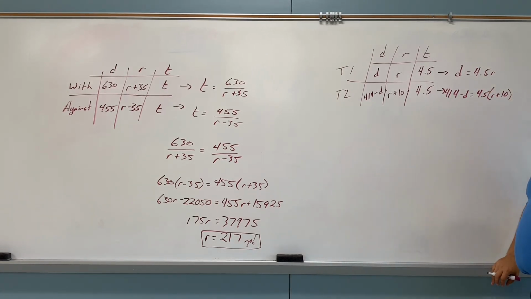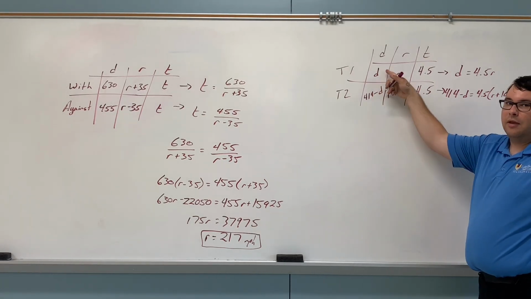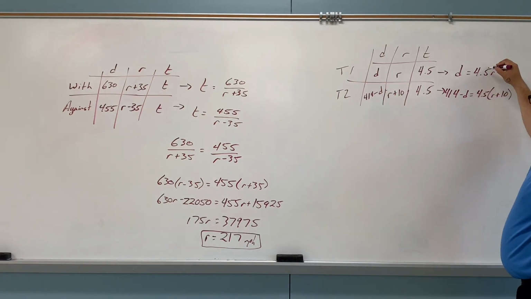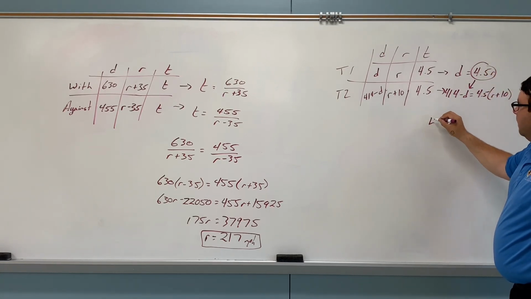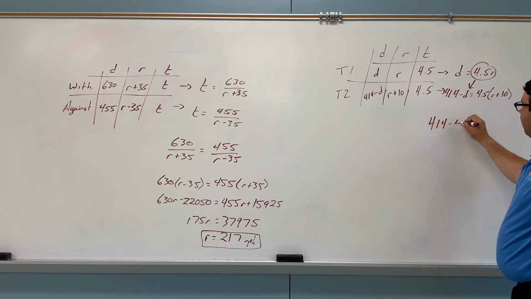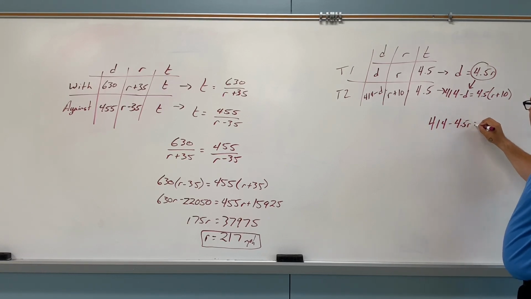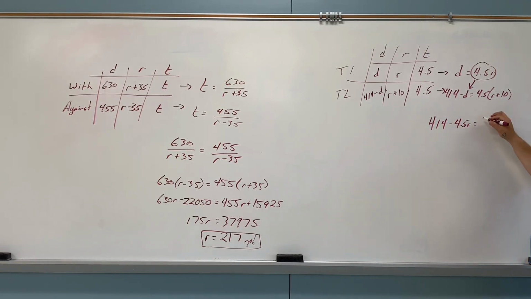And now you might be saying, well, we've done that before. Why doesn't that look different? Well, I'm solving for the rate here. I don't know my distance values. That's where my other variable is. So I'm going to take this and just plug it in. So I have 414 minus 4.5 R is equal to, I'm going to distribute this at the same time, 4.5 R plus 45.